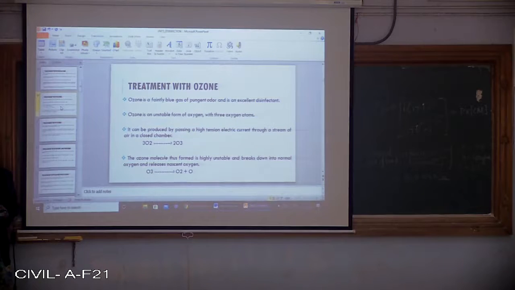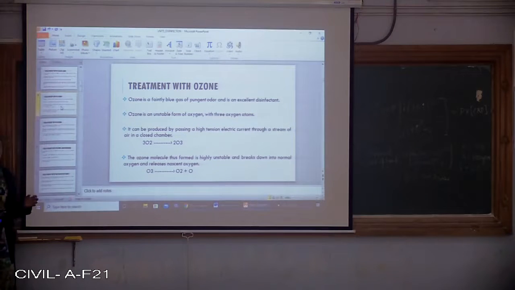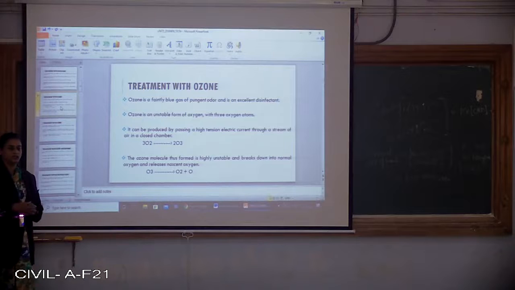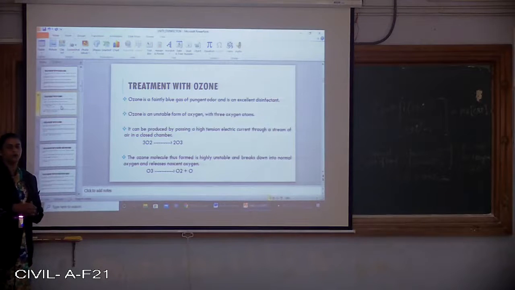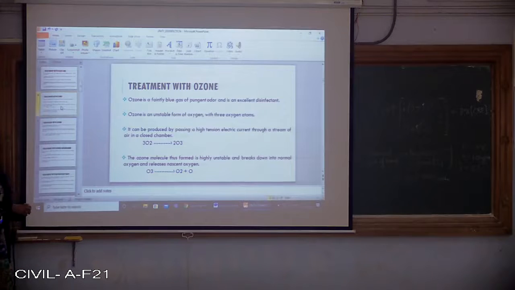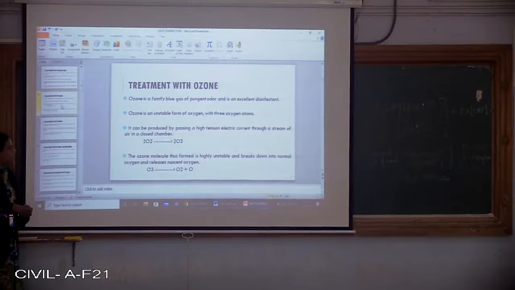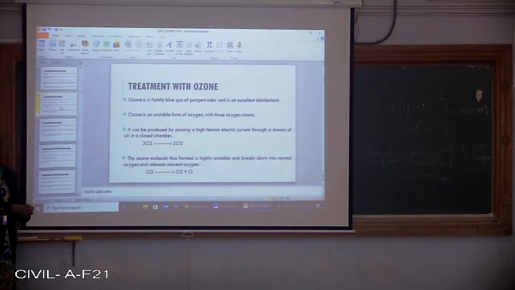Ozone is an unstable form of oxygen. What is its molecular form? It is represented by O3. So this is ozone. It is an unstable form of oxygen with 3 oxygen atoms.